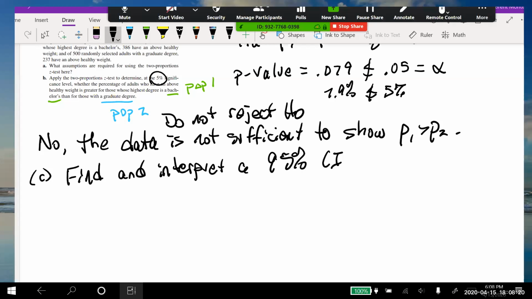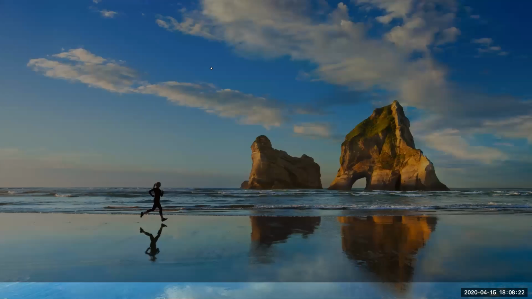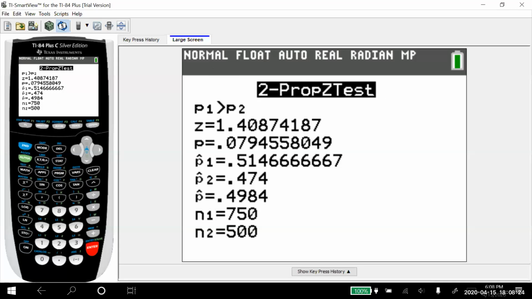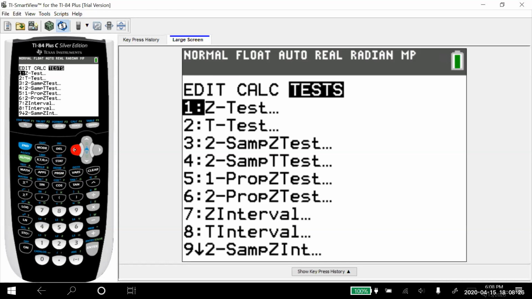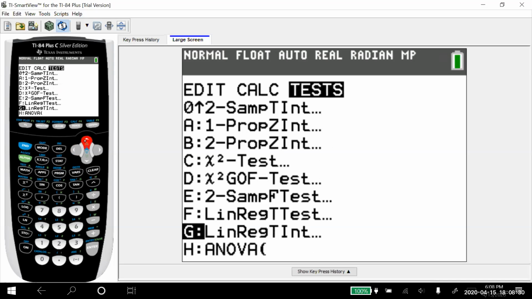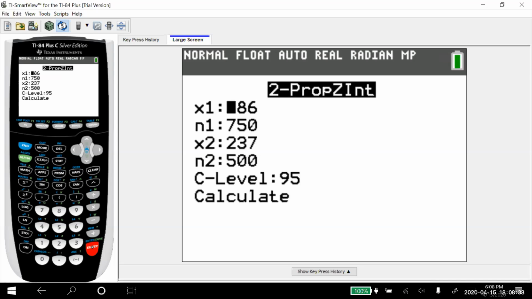So when I go and I do that, it's just going to be stat tests 2 prop Z interval, which I can't see from there. Let's go backwards. Get it up to there. 2 prop Z interval. So it's down at B. And I've already got all the numbers in there. Let's see. 386 out of 750, 237 out of 500.